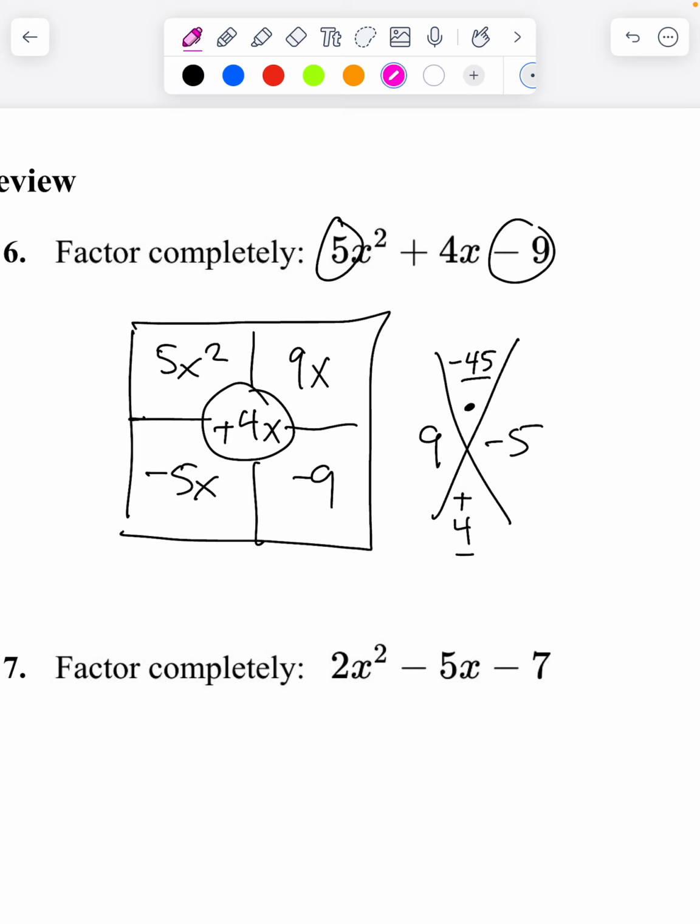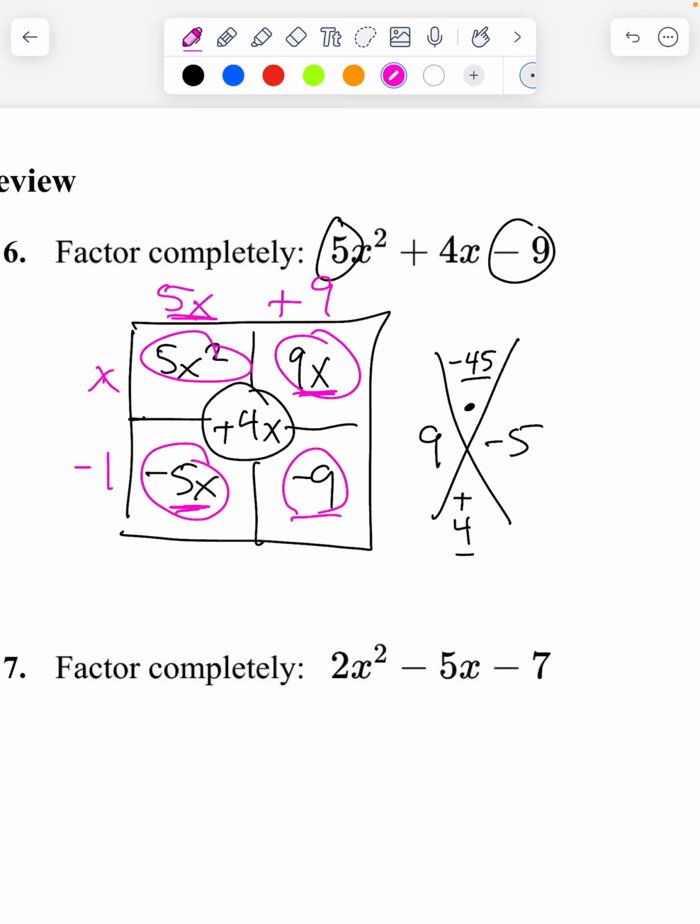Now to get 5x squared, I know it has to be 5x times x, and I'm going to make sure that my 5x is across from this 5x, because then 5x times negative 1 gives me this, and then x times positive 9 gives me this. I can double check that the last one checks out, and it does. So everything works. So it's going to be 5x plus 9 times x minus 1.